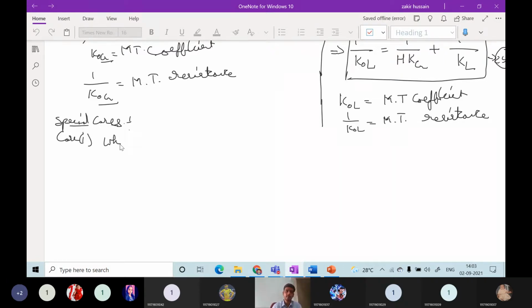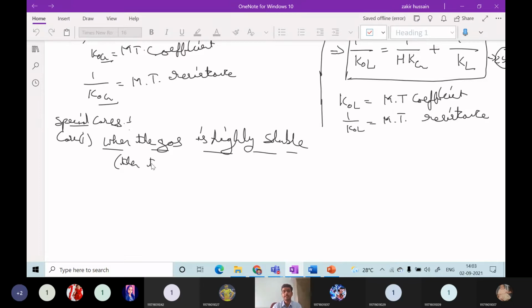Case one is when the gas is highly soluble. So meaning if the gas is highly soluble, then the resistance to mass transfer will be in the gas phase.